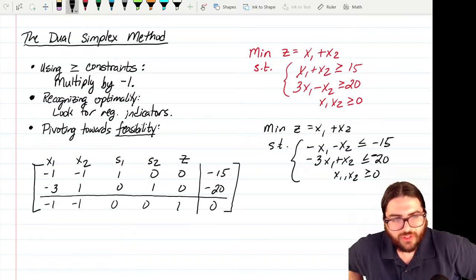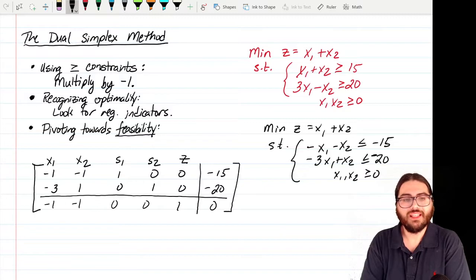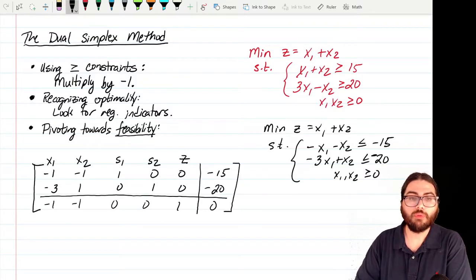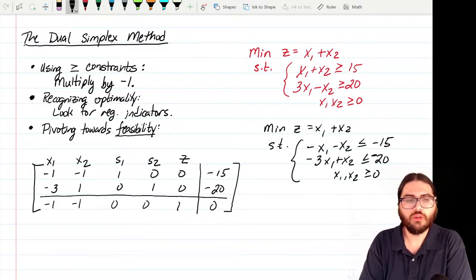If you notice, we said that the dual problem was optimal when all of the indicators in the bottom row were negative, right? Not counting that special 1 pivot in the Z column. I see 2 indicators in the bottom row, -1 and -1 in the first 2 columns, and then the special 1 pivot in the Z column.